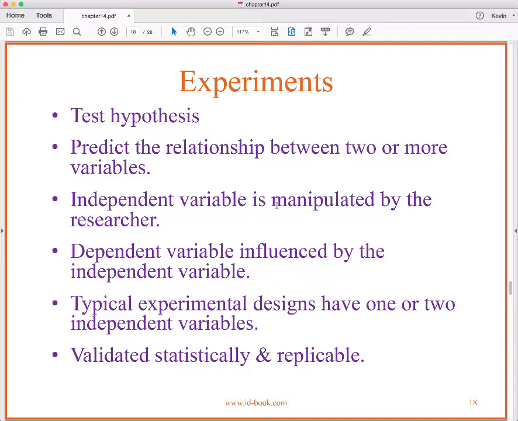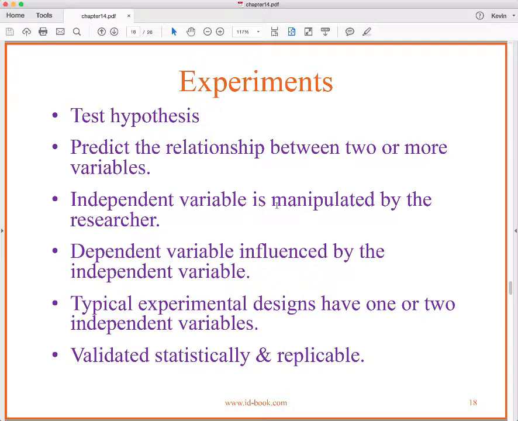They predict a relationship between two or more variables. We often talk about an independent variable that's manipulated by the researcher and a dependent variable that is influenced by the independent variable, right?